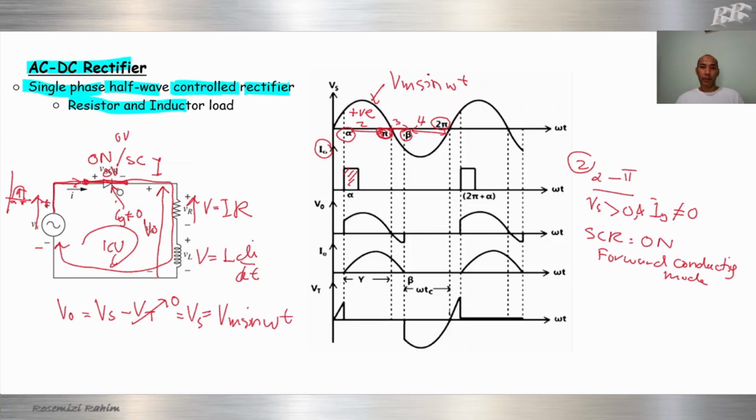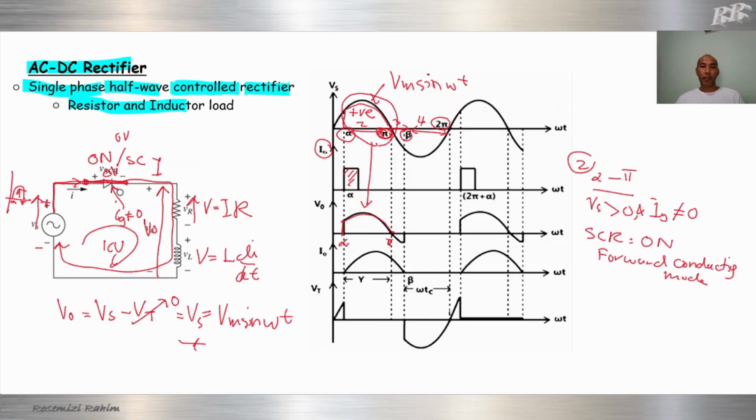So during second section, V out equal to Vm sine omega t. From alpha to pi, the output will be same as the input. Our output is exactly same as the input waveform from alpha to pi.